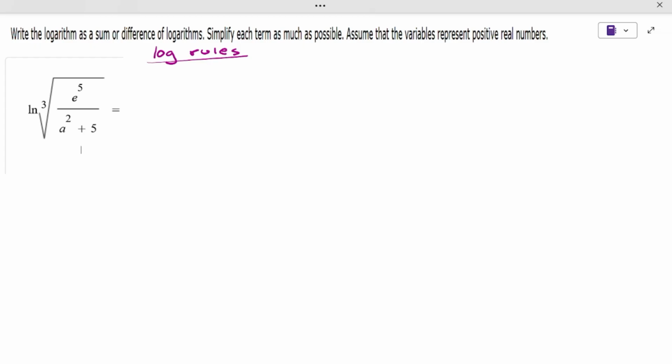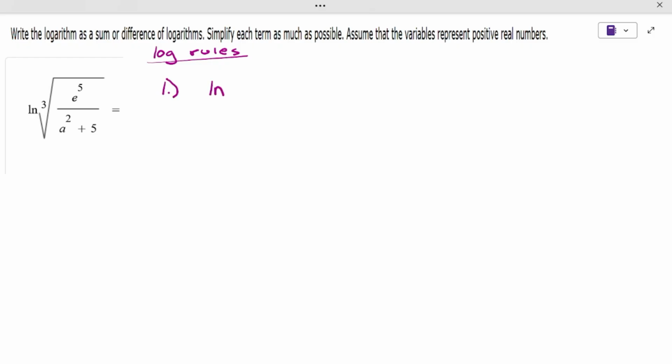I think we can start by taking this cube root and turning it into a fractional exponent, essentially. We can do that by using the root, which is 3, and it becomes the denominator, while the power becomes the numerator. So I'm going to rewrite this without the cube root, but everything else stays the same. So let's put 1 here for step 1.